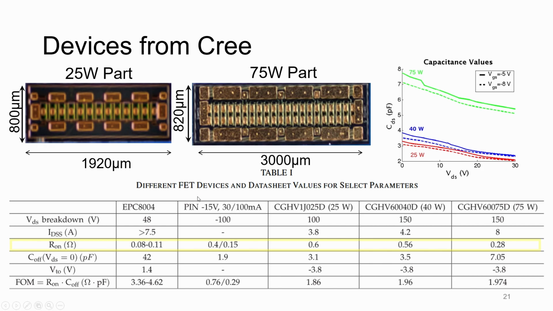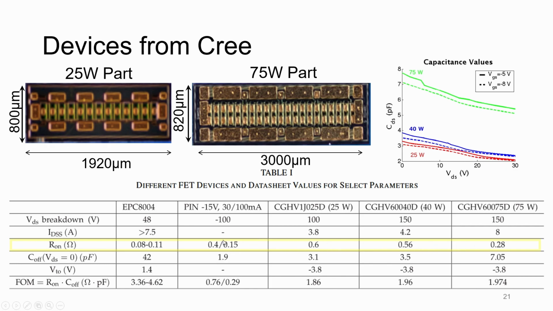And here are three different devices from Cree that we were looking at: a 25 watt part, a 40 watt part, and a 75 watt part. And we will compare these 5 parts. Okay. Now looking at R on, the GaN FET devices have a much lower R on compared to the PIN diode as well as the Cree parts.